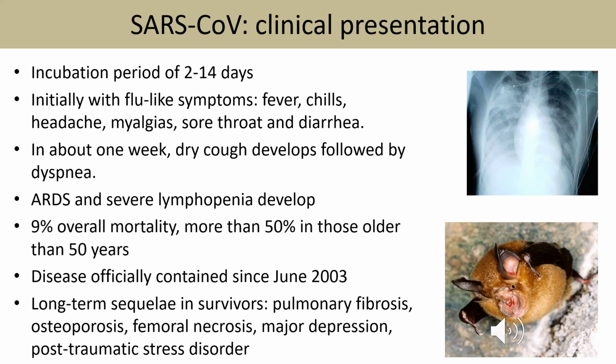And within about a week, deterioration occurred with a dry cough that was shortly followed by dyspnea. Chest x-rays done initially were clear, but high-resolution CT scans, when done, showed the ground glass appearance on the CT scan, indicating the presence of a pneumonia.